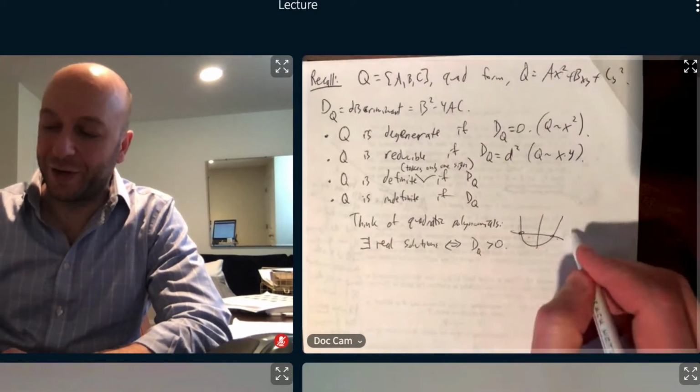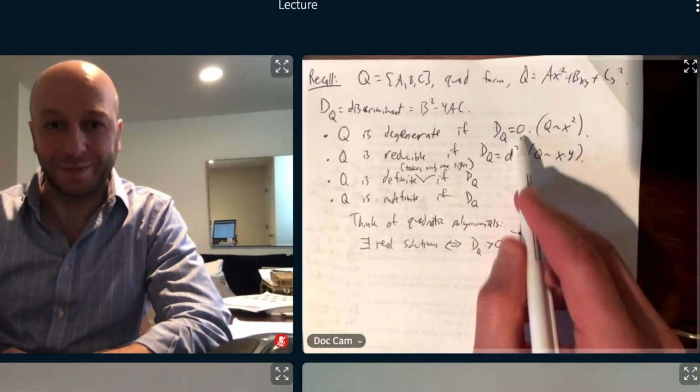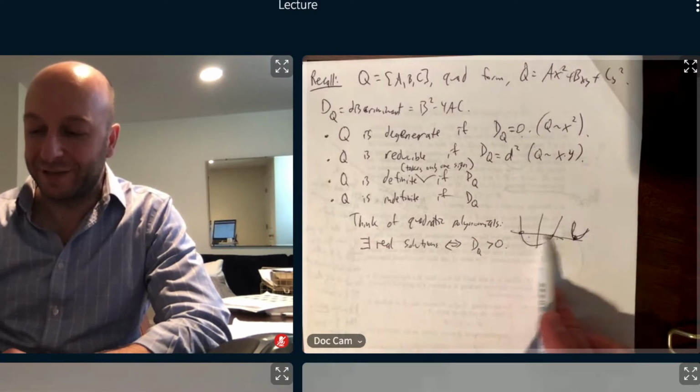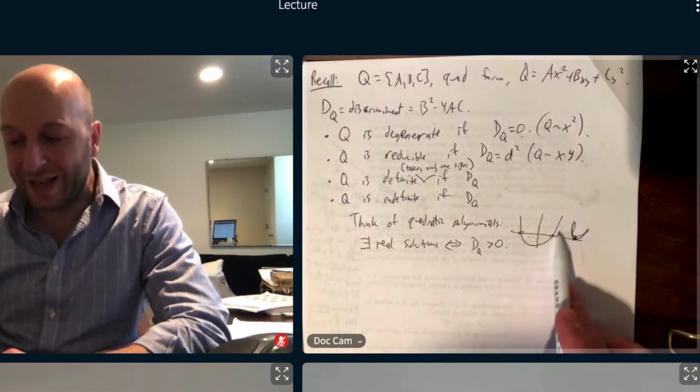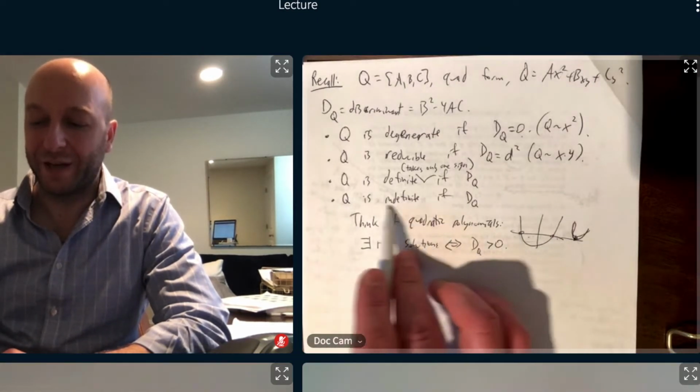Or 0, but 0 is when it's a double root, and we don't want 0. So there are real solutions if the discriminant is positive. That means it has both positive and negative values. So that is the indefinite case.